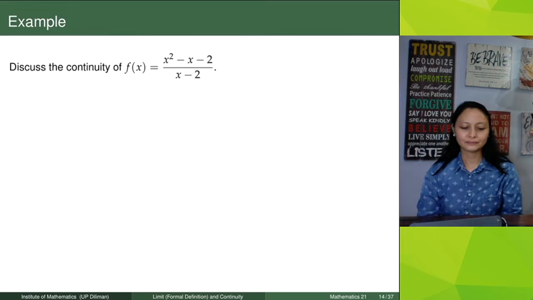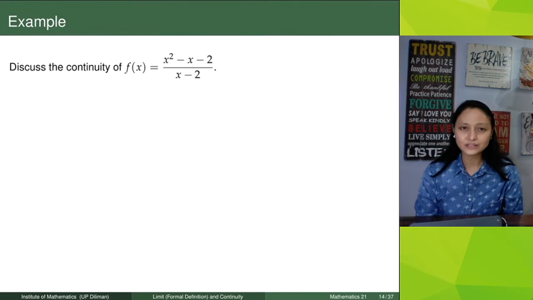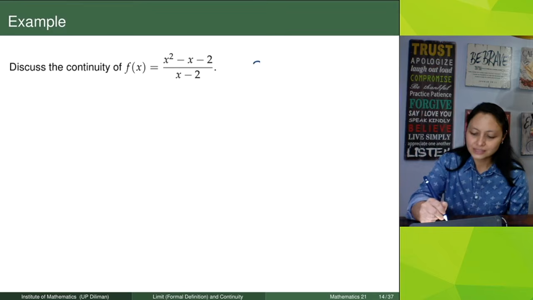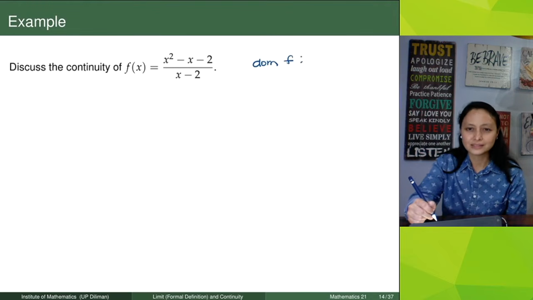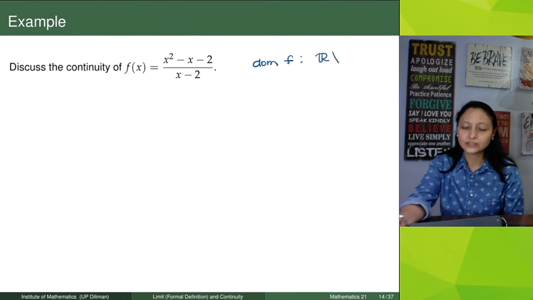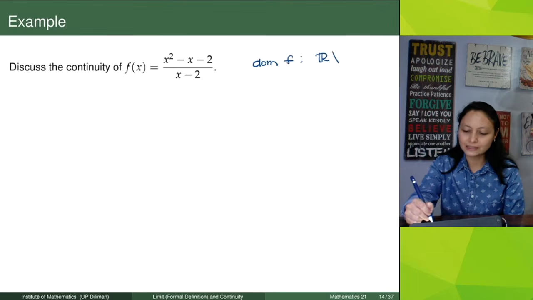Okay? Next, we look at another function, this time, a rational function. Sige, let's check ano yung domain ng function natin. Since this is a rational function, the domain is the set of all real numbers except the number when the denominator becomes 0, and that is when x is equal to 2.